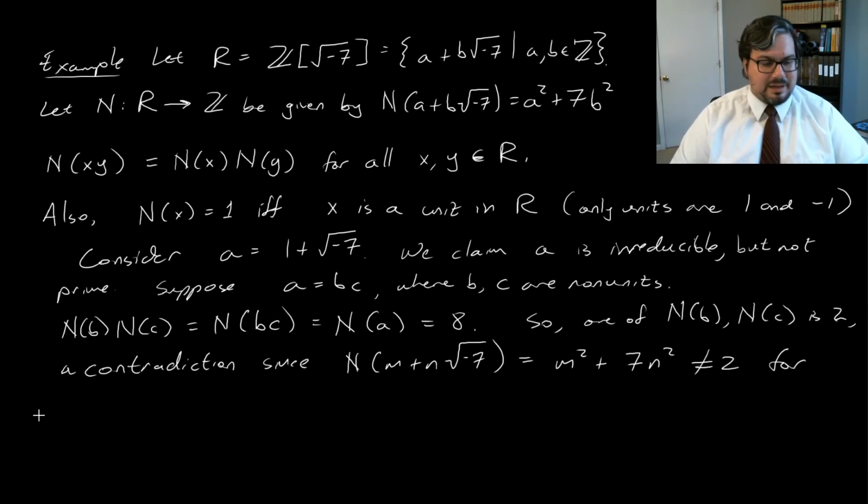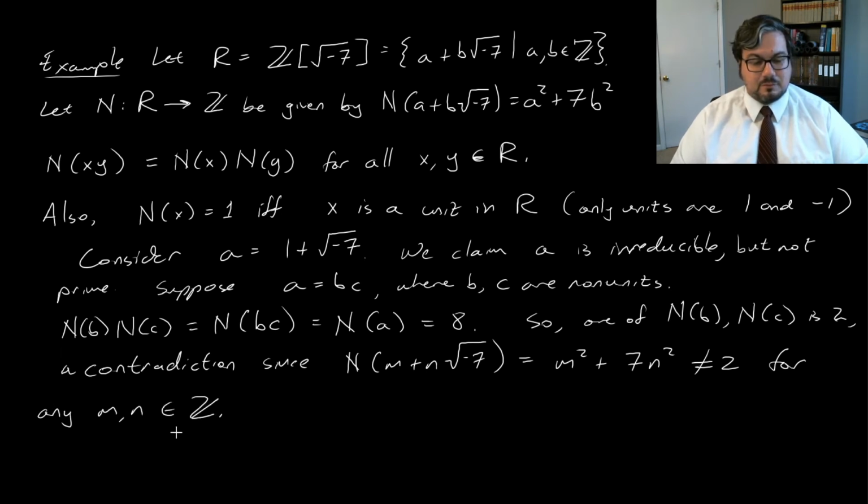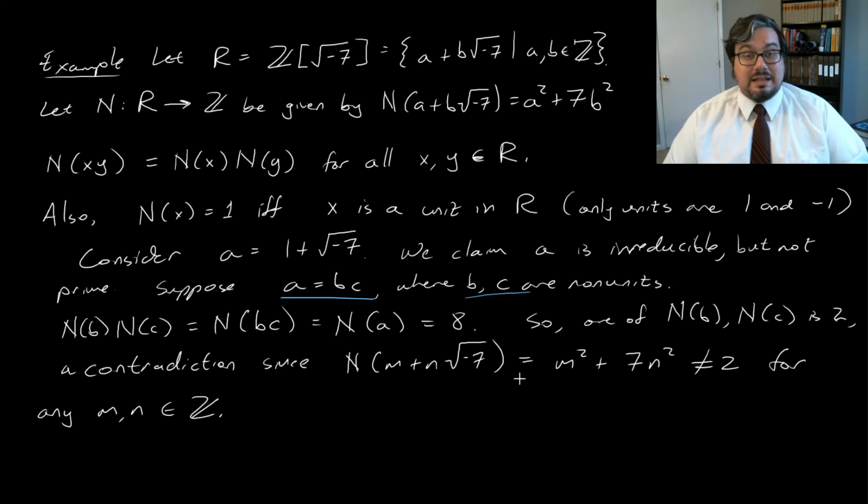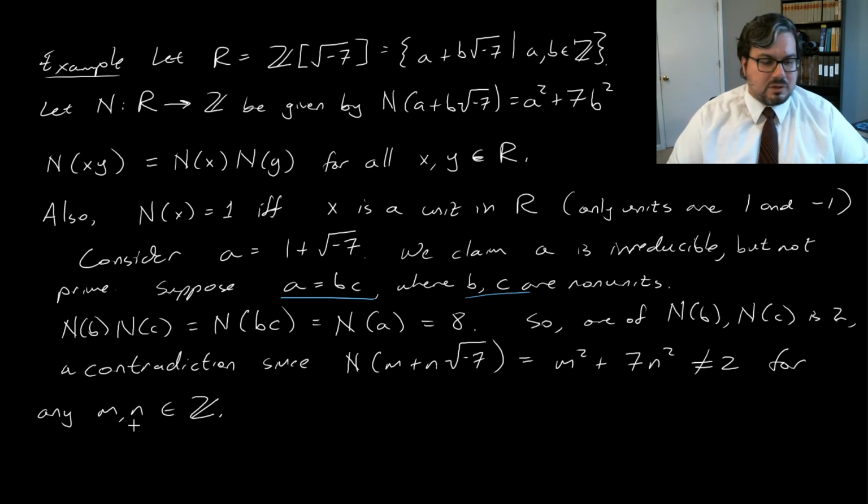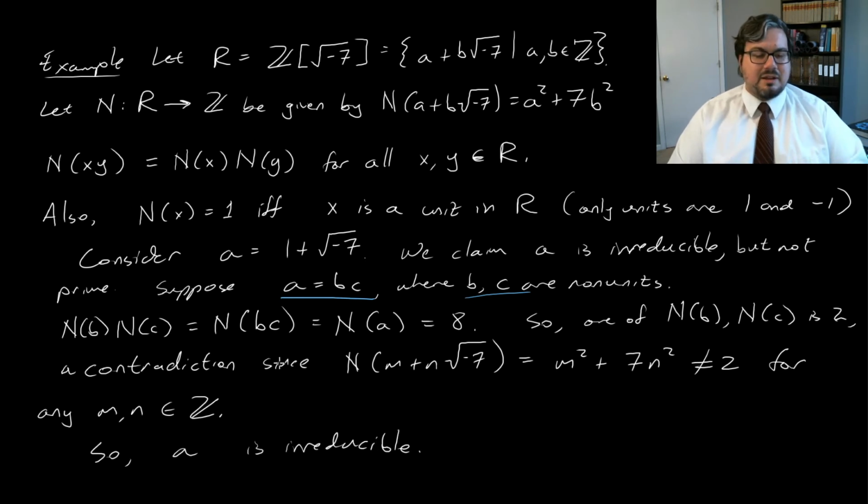And this is for any m and n in Z. So what this shows is that our supposition up here that a is equal to b times c, where b and c are non-units, leads to a contradiction. And so we have that a is irreducible. We cannot express a as a product of two other things where neither of them are units.